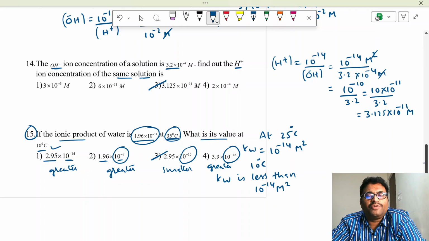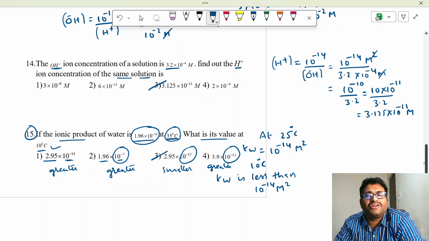Understood? Hope everyone understood this concept very well, because this is the basic concept for ionic equilibrium. If you don't understand, revise the video, rewind the video, and listen once again. Every point I have discussed very clearly. Every step I have written for solving the problems.